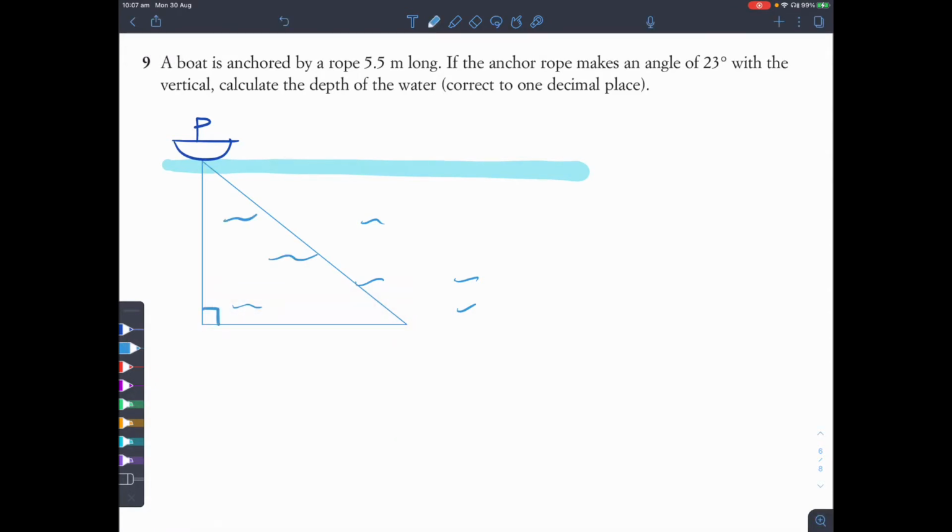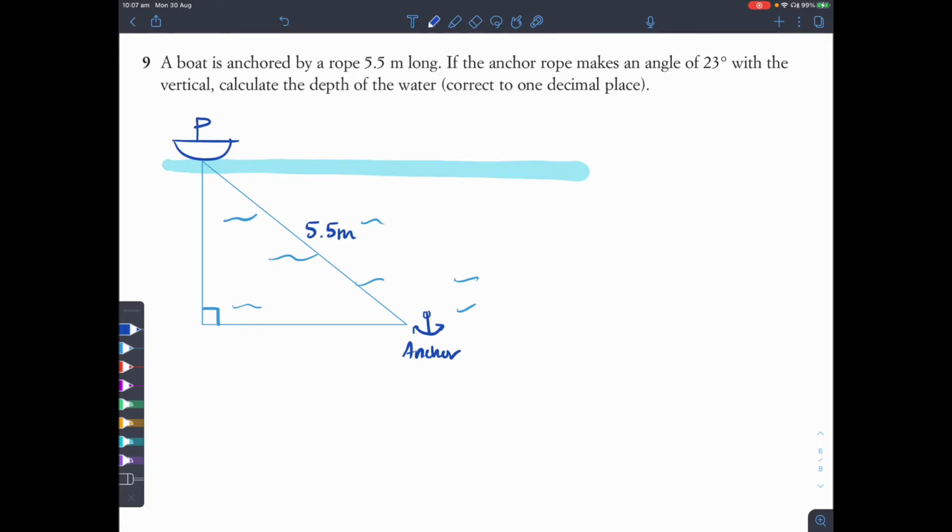This is a right angle triangle. Well, that rope there is 5.5 meters long. It's going from the boat here all the way to the anchor right here. So the anchor is like that. Just trying my best to draw one like that.